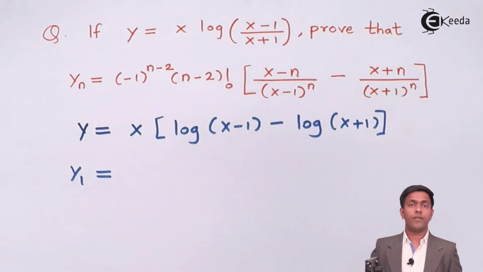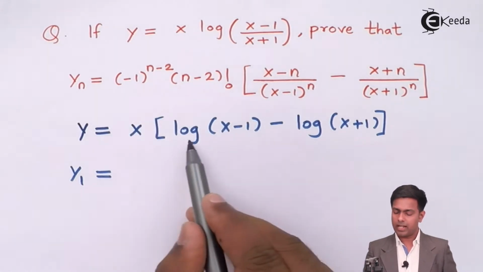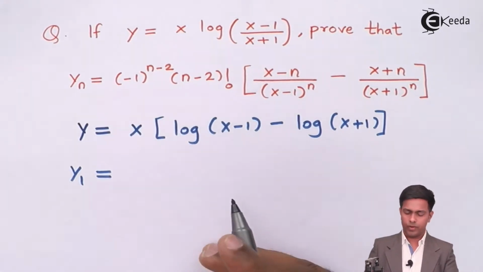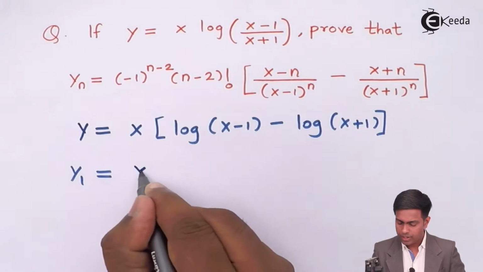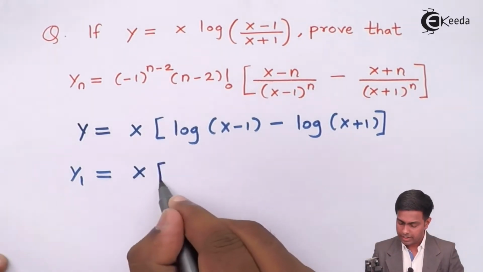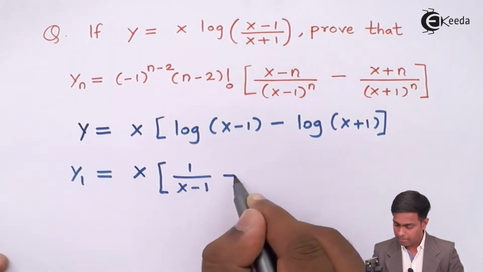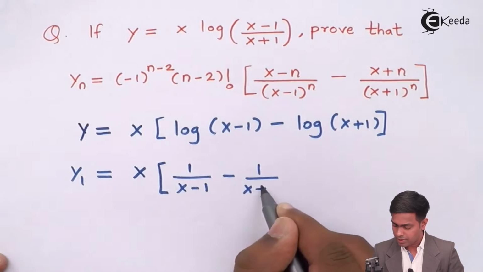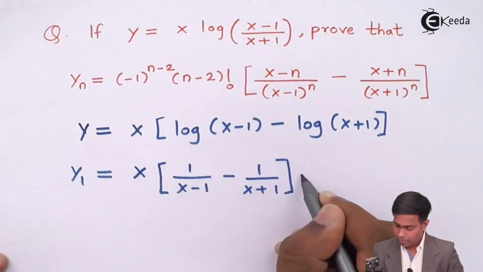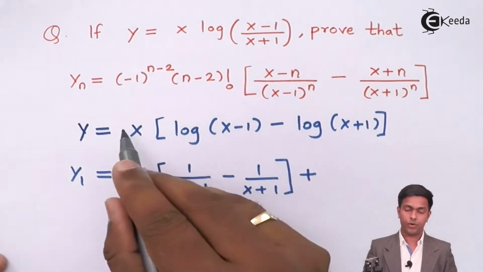So y1 is nothing but the first derivative of this y. So accordingly, let's assume this x as u and this term as v. So we say it is u into derivative of v. So derivative of this part is 1 upon (x minus 1) minus 1 upon (x plus 1), plus v will remain as it is, and then derivative of u.